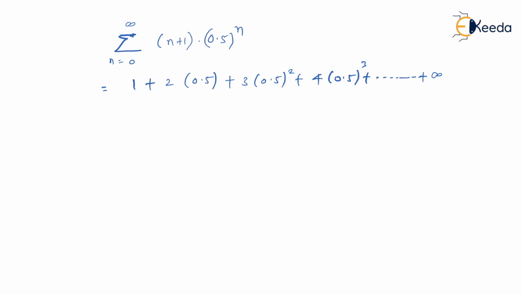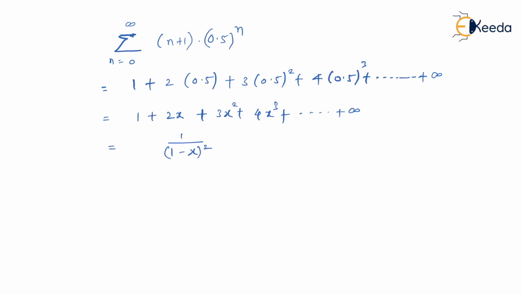So I'll tell you a standard GP series. If the expansion of a particular GP series is like this, that is 1 plus 2x plus 3x square plus 4x cube, and so on up to infinity, then this is equal to 1 upon 1 minus x, the whole square.